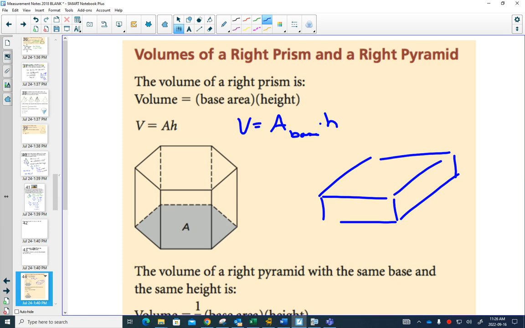If you can figure out the area of the bottom, and then just multiply it by its height. The sides are for surface area, but they don't come into effect. Because if you had a saw and you cut off the corners of your paper that you bought, you would make this shape.